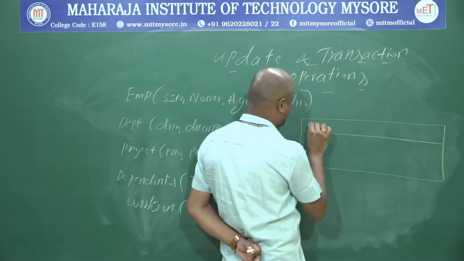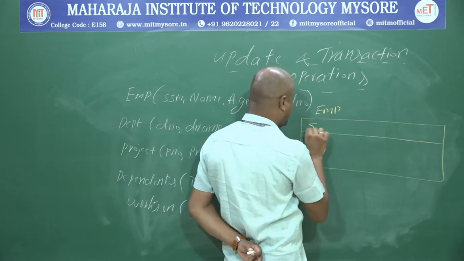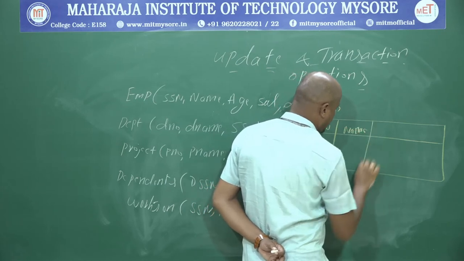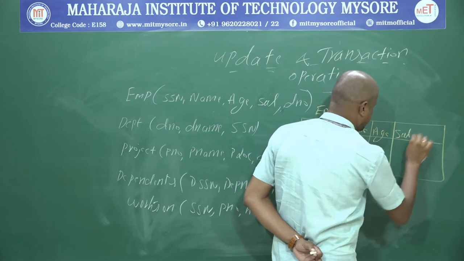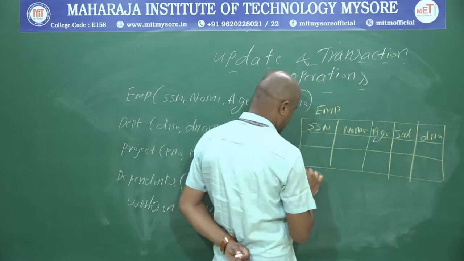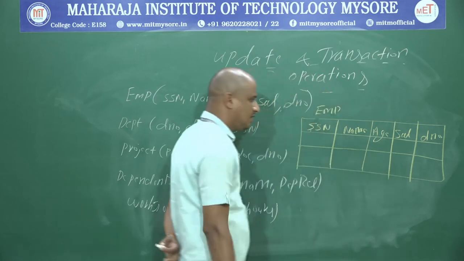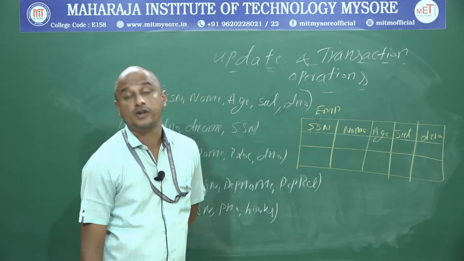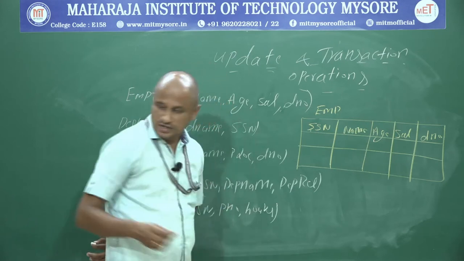We have a table called employee with SSN, name, age, salary, and D number. These are the attributes. I need to insert a tuple. We have a syntax for insertion of a tuple.